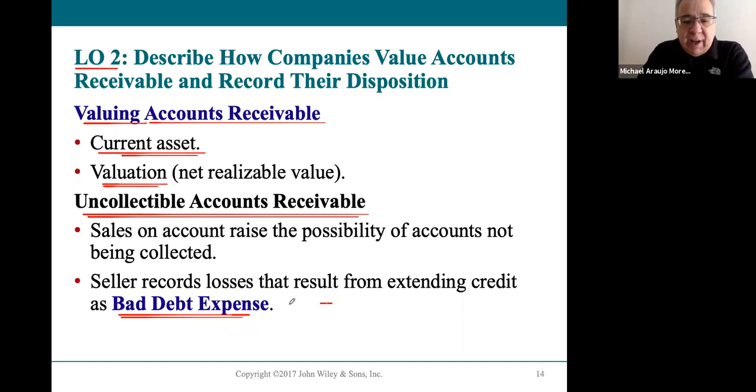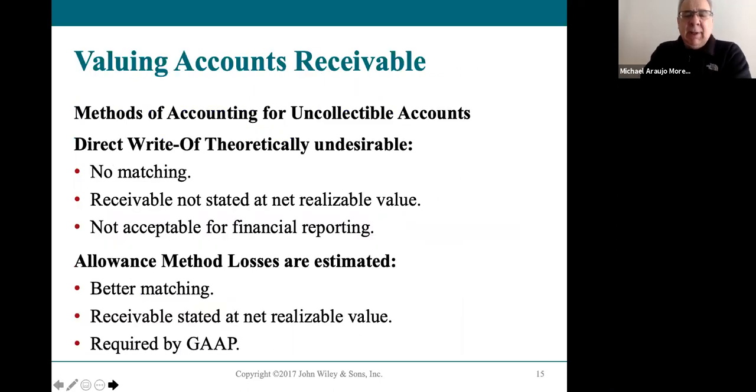They can only recognize bad debt once a year, which means that they have to, in essence, estimate what their uncollectibles are going to be every year in order to take that expense. And that's the tricky part of this chapter as well. So, a lot to tackle.